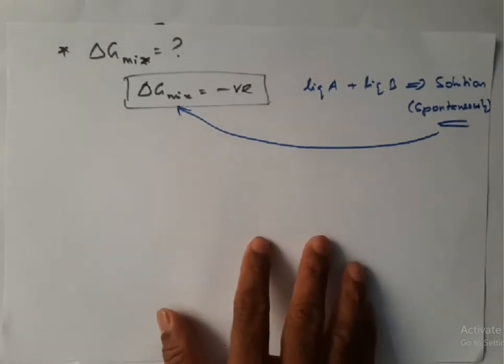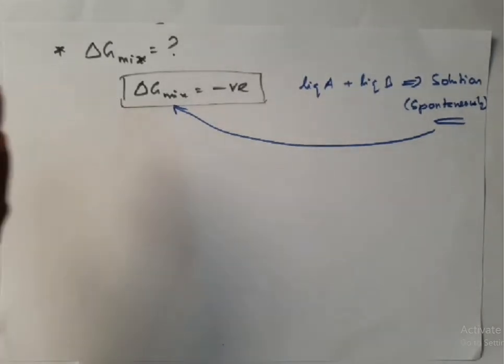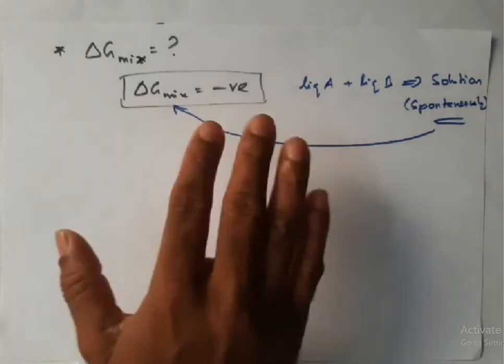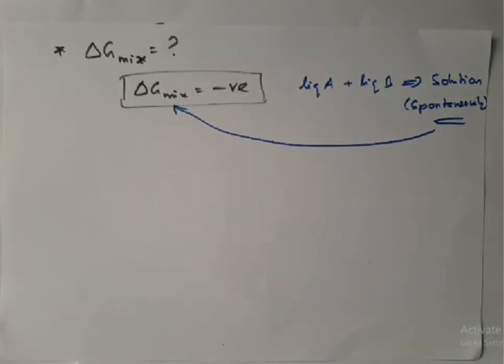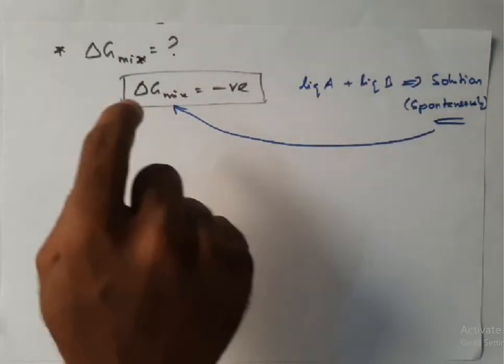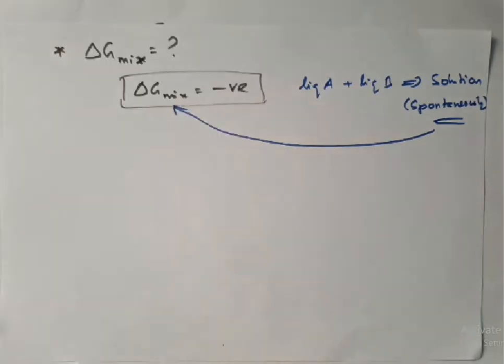Any doubt in this? If they do not form any solution, then delta G mixing is positive. But since they form a solution spontaneously, delta G mixing should be negative.